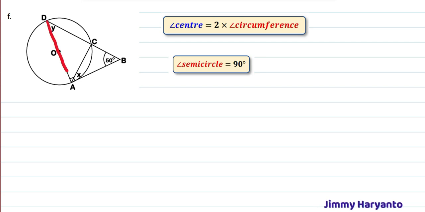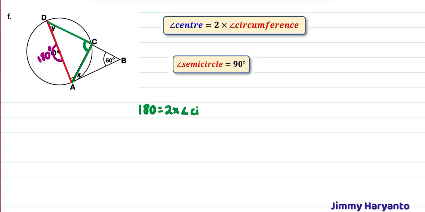So how do you know that that one is a semicircle angle? Because you have a diameter right here as the angle at the center, which is 180 degrees, and this one is the angle of circumference. That means 180 equals 2 times the angle of circumference.